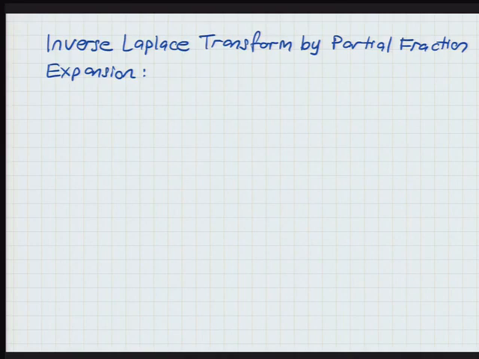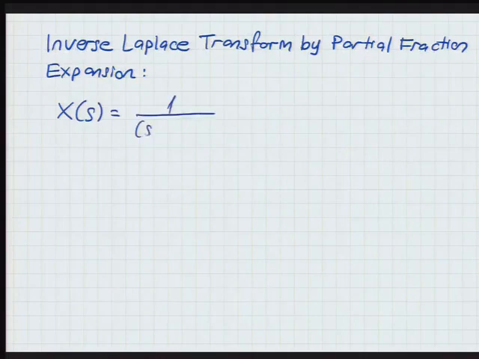Okay. So, here I give you an X of s. It's an example. I'm not going to number it. X of s is 1 over (s plus 1)(s plus 2). So we did things like partial fraction expansion when we were doing the inverse Fourier transforms, because the whole point there was to break apart something like this into a sum of simpler things, and those simpler things we knew immediately how to relate to the time domain, right?